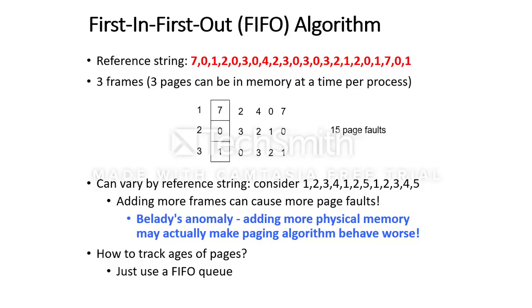This is the criteria that you use to replace any page that is not in the main memory. Now we've got a reference string 7, 0, 1, and so on until you get to 0, 1 at the end here. Our objective is to execute this whole reference string.